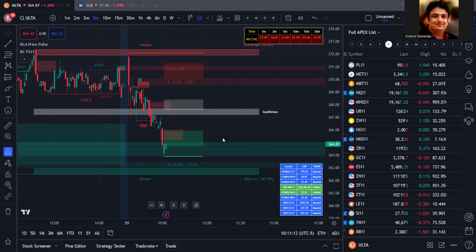And the option chain data. I am selling the 367.5 put and buying the 362.5 put.